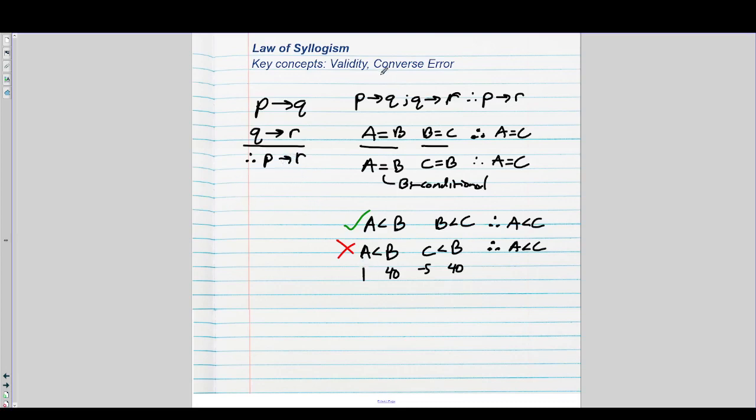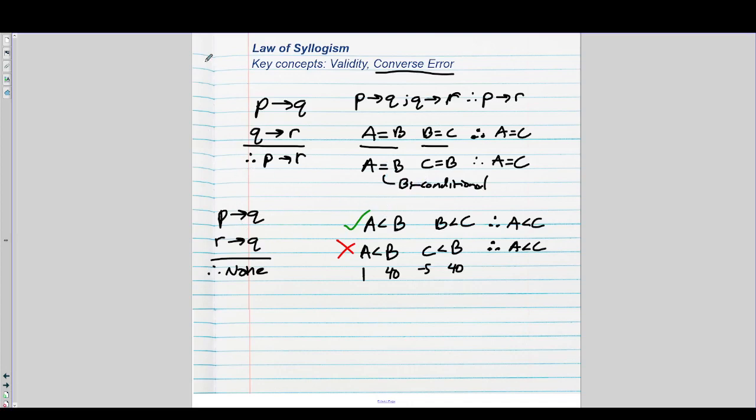So basically this thing called a converse error is saying that if we have if P then Q, and if R then Q, we can't chain these together. So this is no valid conclusion because it's like saying P is less than Q and R is less than Q. That does nothing to relate P and R to each other. So hopefully this connection to earlier math with the equals and the inequalities helps you to see how that works.